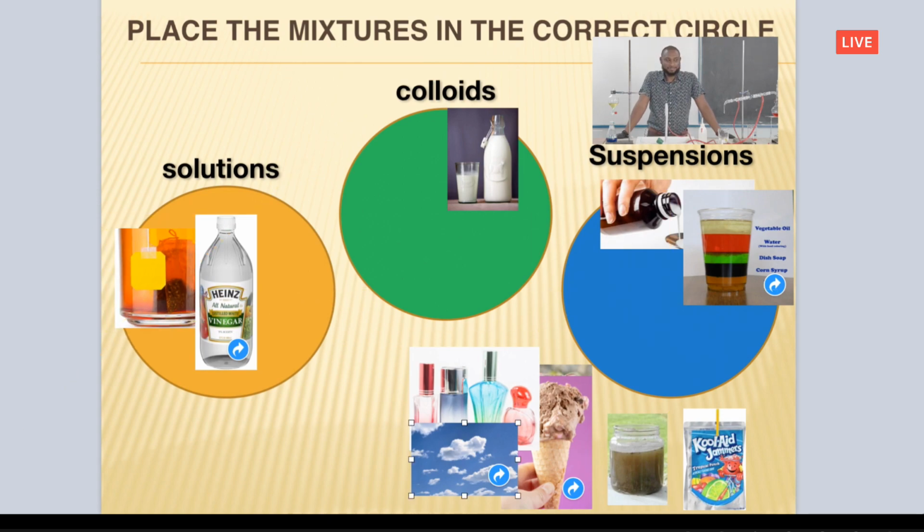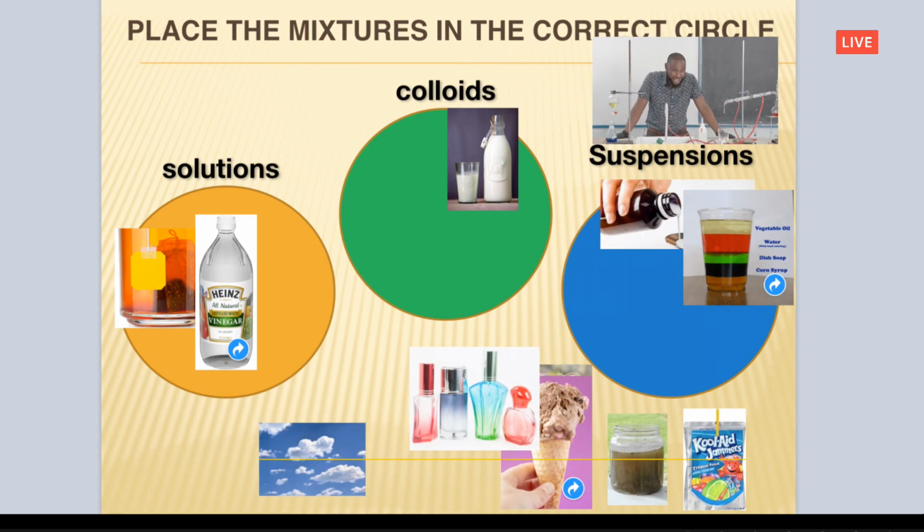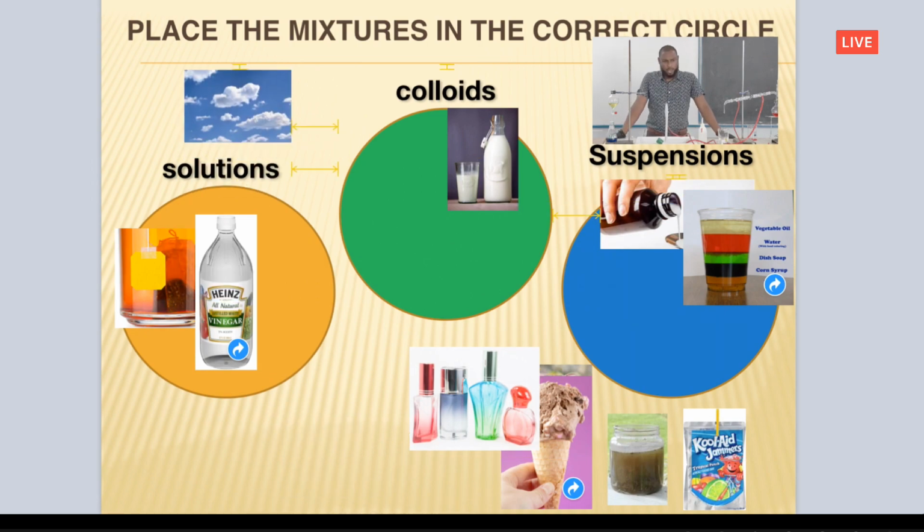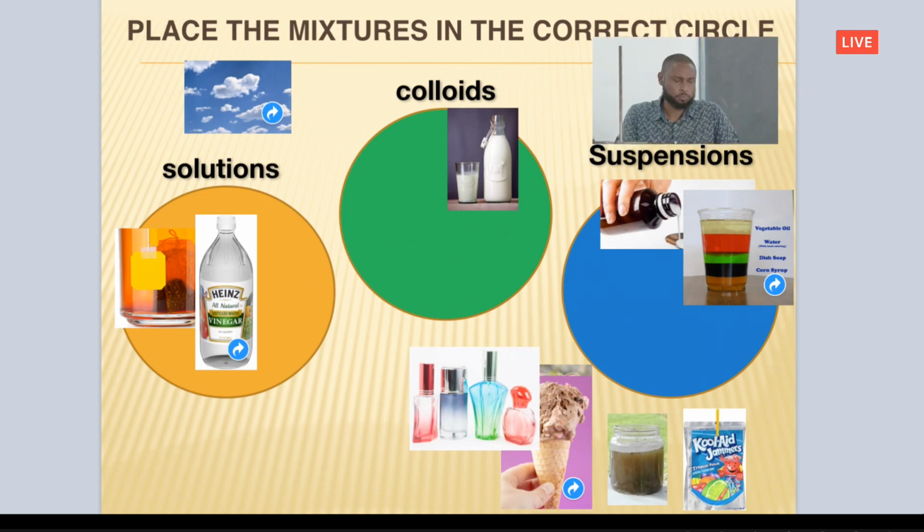What do we have next? We have clouds, oh my God. Ooh, this is an outlier. This looks nothing like any of the things we've seen before. Now, clouds are mixtures. Let us see what it is. Can I see through it clearly? No. Do they settle out?